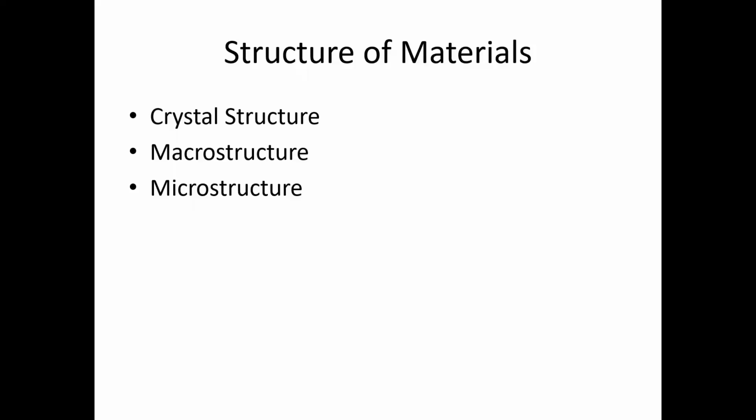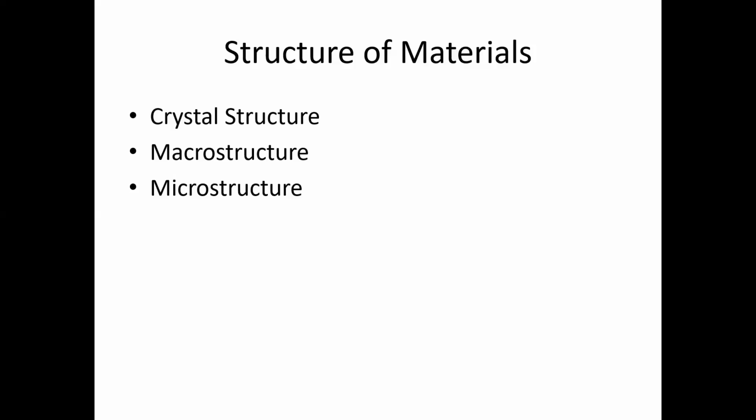Generally, crystal structure is determined with the help of the X-ray diffraction technique. So the XRD technique is there, and electron microscopes are also used to find out the crystal structure of the material. That is what we are focusing on in this particular unit.